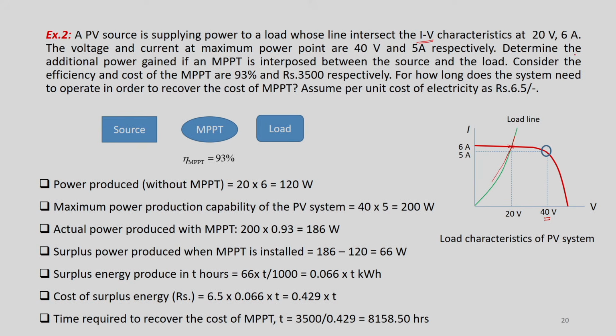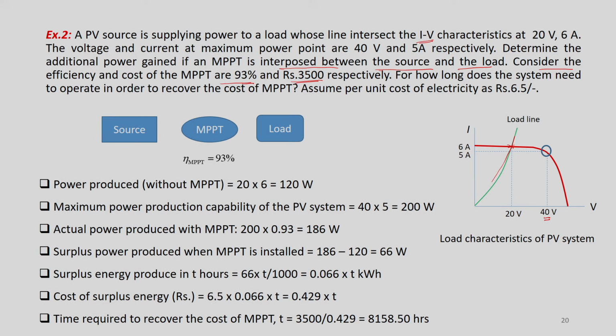Determine the additional power gain if an MPPT is interposed between the source and the load. Consider the efficiency and cost of the MPPT to be 93% and rupees 3500 respectively.